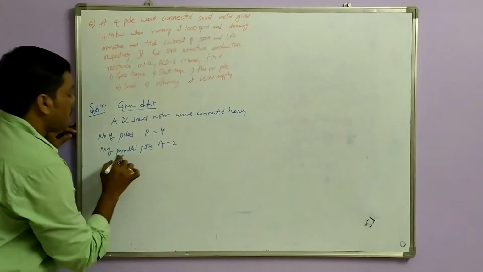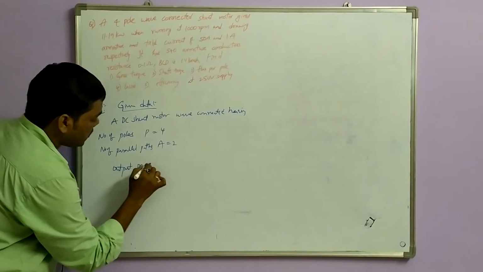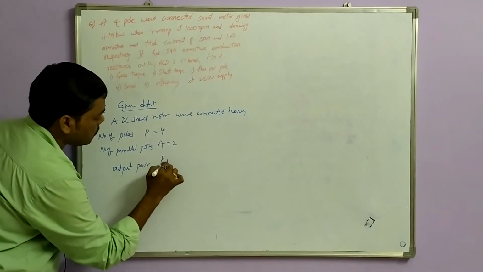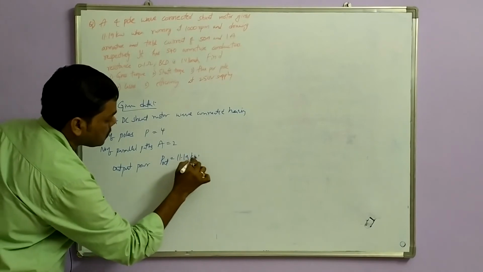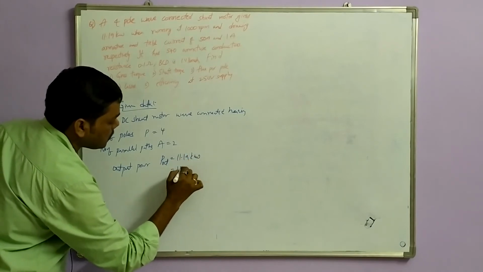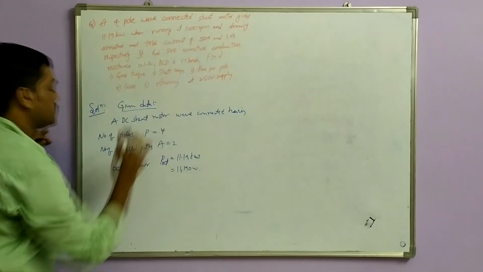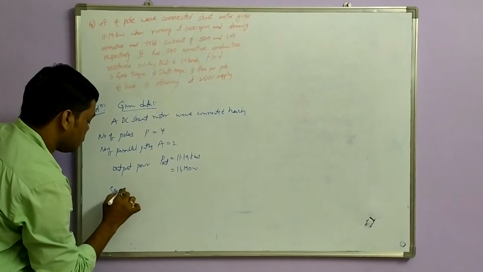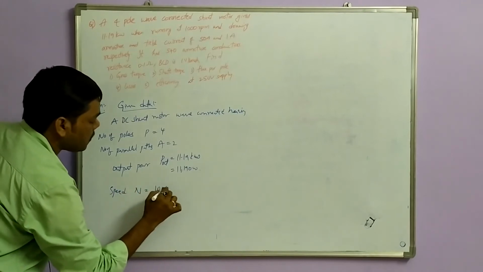Next, the output power is given directly, so P out is 11.19 kilowatts, that is 11,190 watts. Speed of the motor is N equal to 1000 rpm.